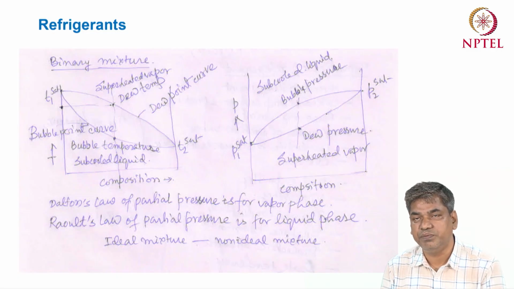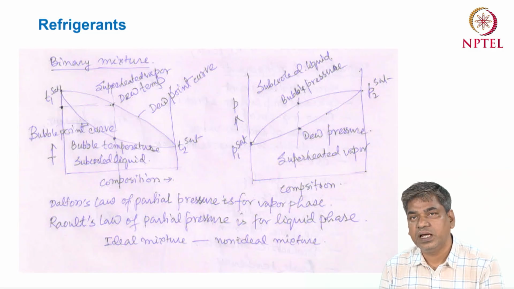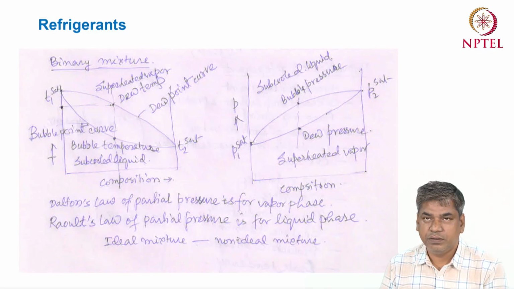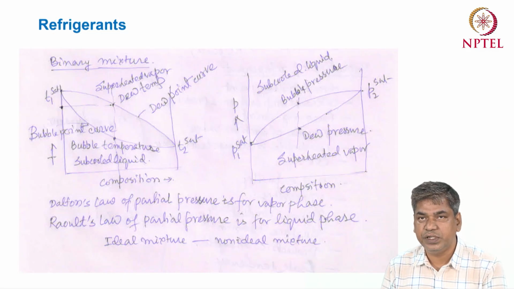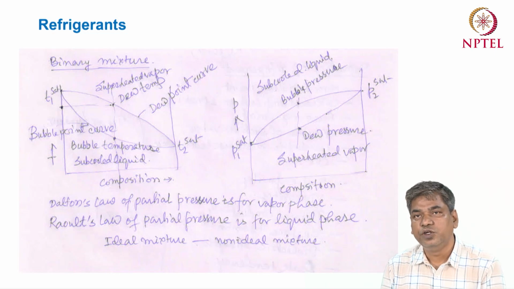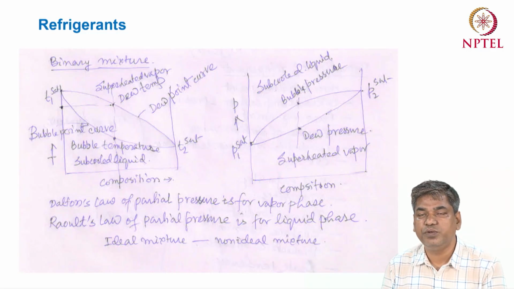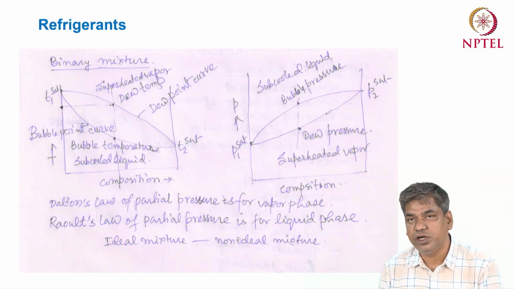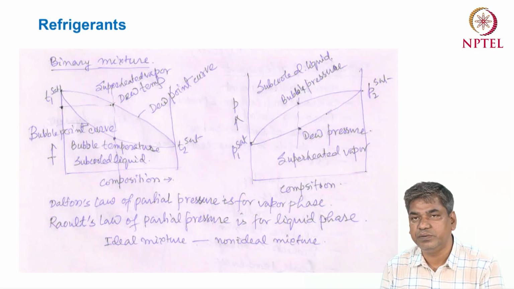Similarly, if you take the vapor mixture of two fluids and cool it down, at some temperature you will see the first liquid drop of that refrigerant. That temperature is called the dew point temperature. The location of the dew point temperature is also drawn in this figure. You will see that the boiling point and dew point locations are different.